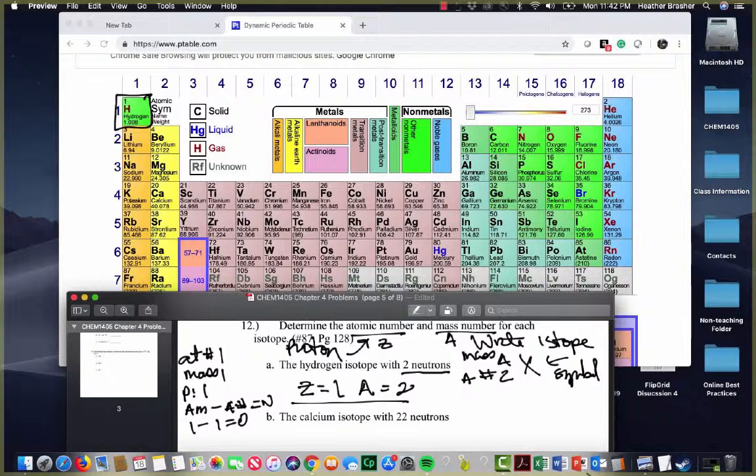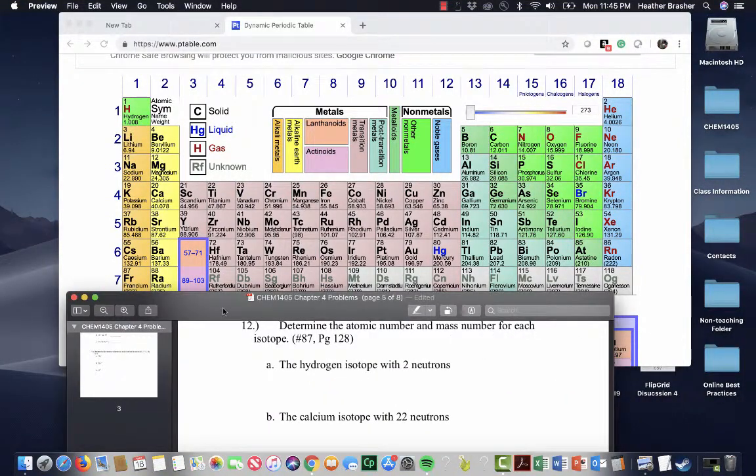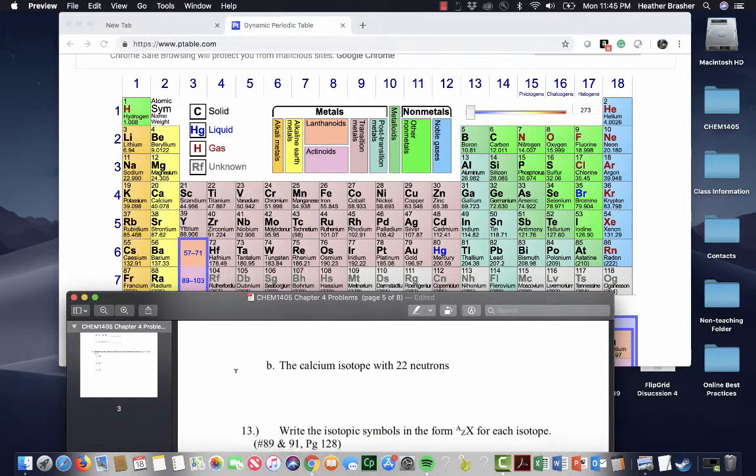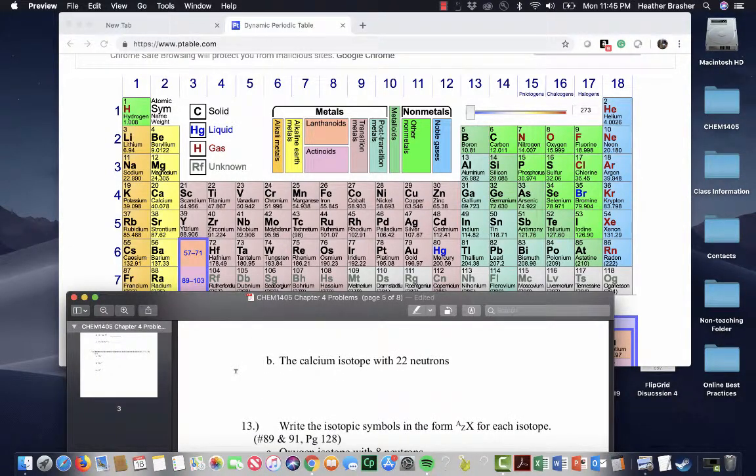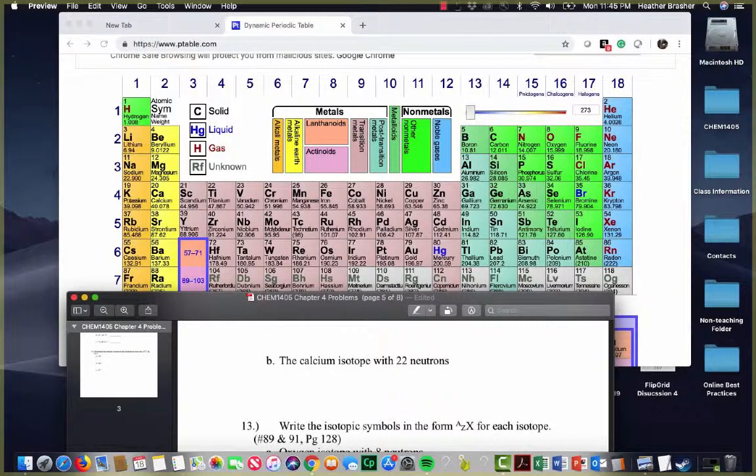So let's move this up a little bit so we have more room. Let's look for calcium. It's here, right?